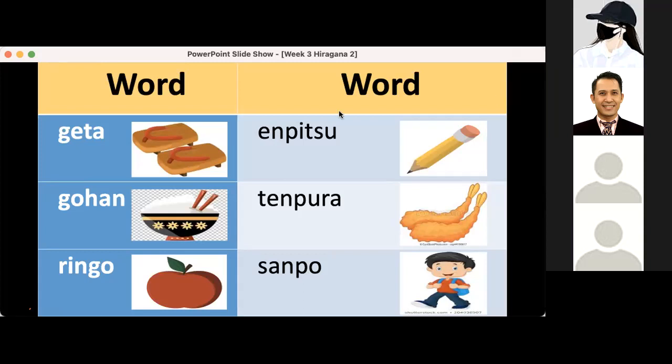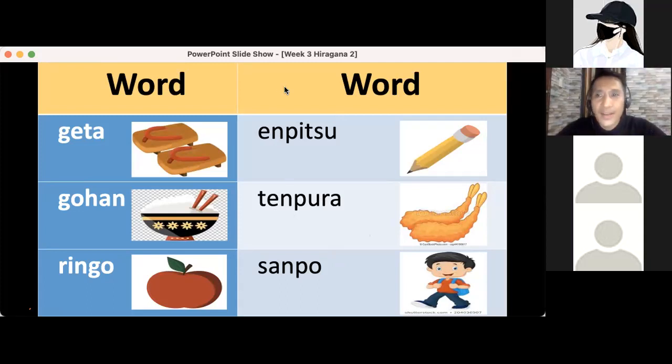Kaya nga yung tempura, spelled siya na parang tenpura, but when you pronounce it, nagiging tempura. Okay, nagiging M na po siya. Ang sanpo, imbes na sanpo, nagiging sampo. Okay? So yung gohan, of course, hindi siya nagiging goham. Gohan talaga siya. Ringo din, nagiging ringo din siya.